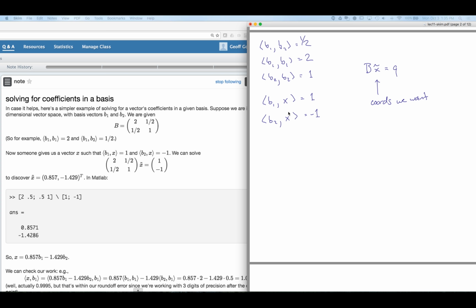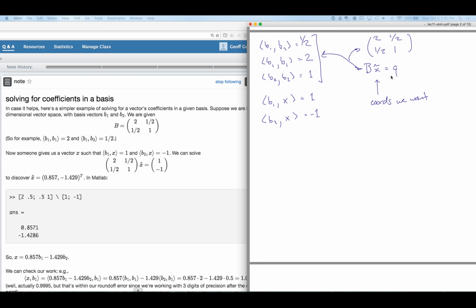So what we're trying to do is, given a vector x, find its coordinates x tilde. B comes from this information here. In particular, it's the matrix 2, a half, 1, where the ij element is the inner product of bi and bj. Right? So that's B here.